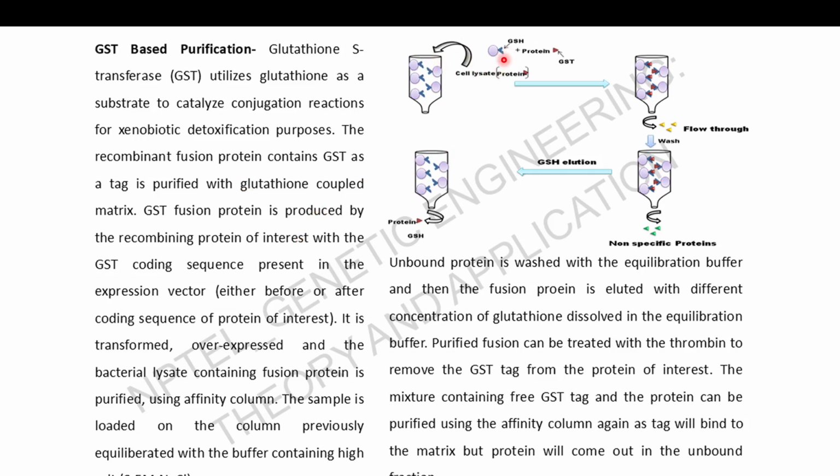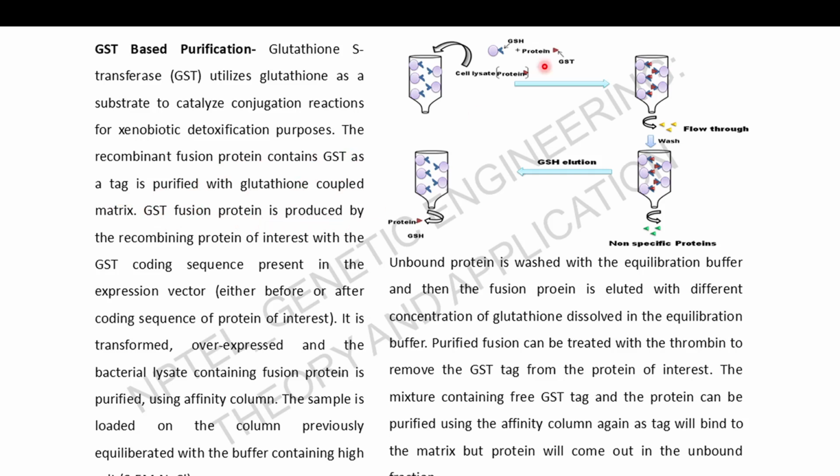There is this enzyme present here on the beads, and you apply the cell lysate having GST tagged proteins, and then it will bind to the column, or interact with the beads, and the GST as a tag is purified with glutathione coupled matrix.